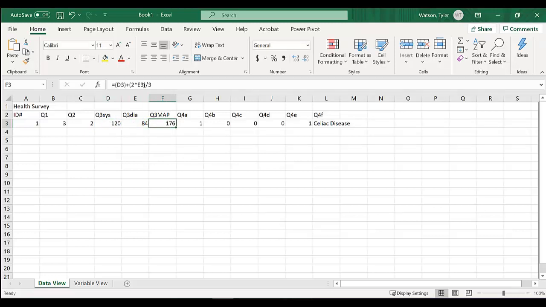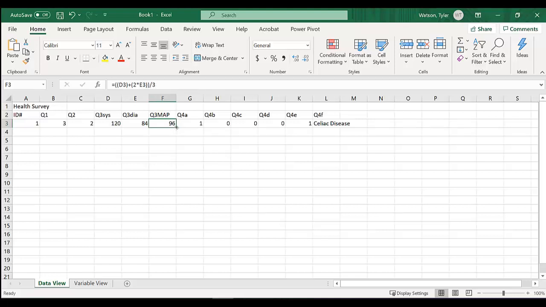We actually need to make sure we have the parentheses correct here, because otherwise the answer is going to be wrong. And that is our calculation. So the systolic pressure plus 2 times the diastolic pressure divided by 3 gives you the mean arterial pressure.